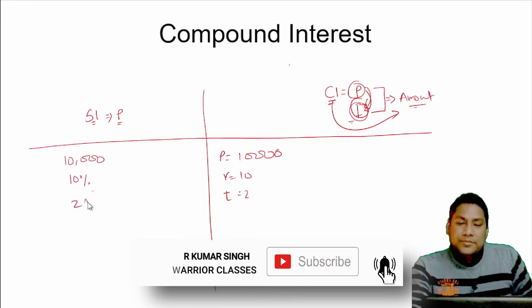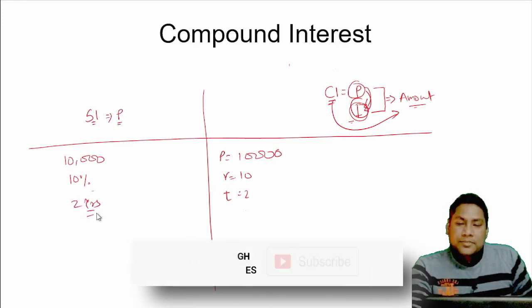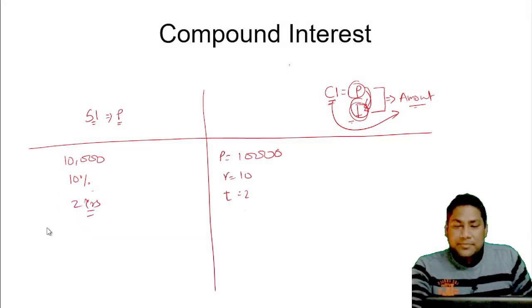If we calculate the simple interest, every year the simple interest will be 10% on 10,000, that is, for the first year, 1,000 rupees.